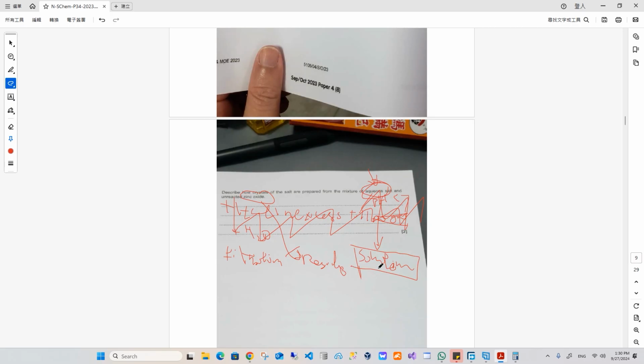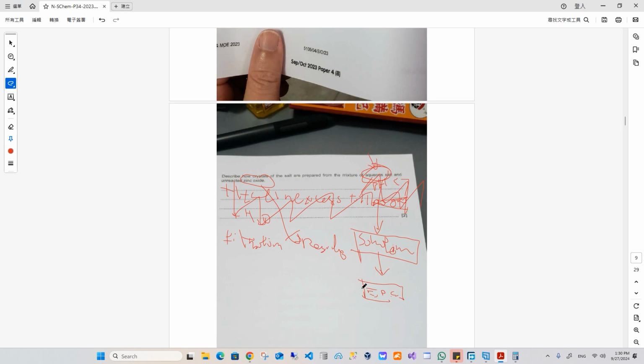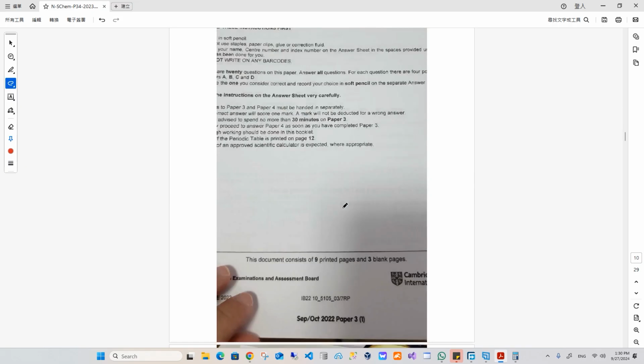Get the solution, and then evaporate to the point of crystallization, and then you have the crystals. Then just dry them off with filter paper. Then I will get the crystals. So don't think too much. It's just like that. 2 marks. Okay, done. Good.